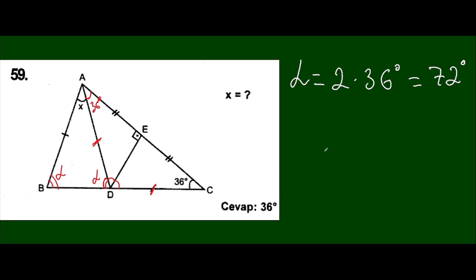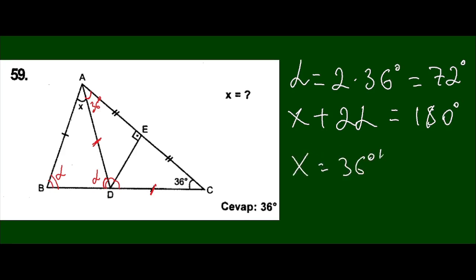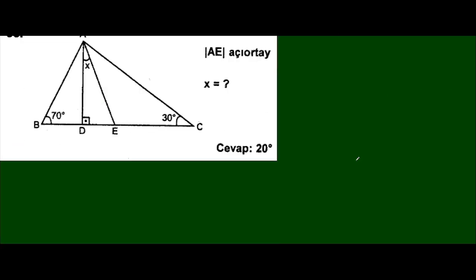And here, x plus 2 alpha from the triangle ABD, we can write down 180 degrees. Plugging in alpha 72 degrees, this will be 144. 180 minus 144 will give us 36 degrees. So next problem.